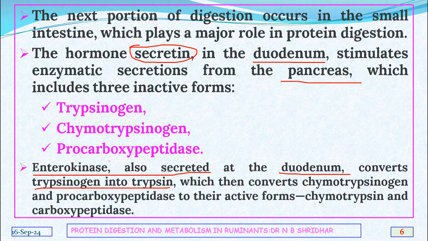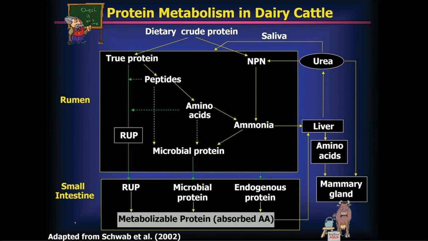It then converts chymotrypsinogen and procarboxypeptidases to their active forms, chymotrypsin and carboxypeptidases. So these are the important enzymes: trypsinogen, chymotrypsinogen, procarboxypeptidases, and enterokinase. Then the different enzymes are being secreted.